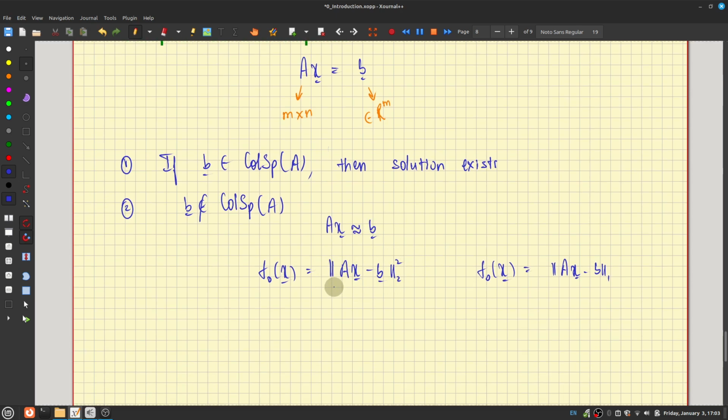Now, assuming that this is my objective function, the L2 norm of Ax minus b the whole square, what is the solution that you've seen in your linear algebra course? Suppose I wanted to minimize the L2 norm of Ax minus b the whole square.